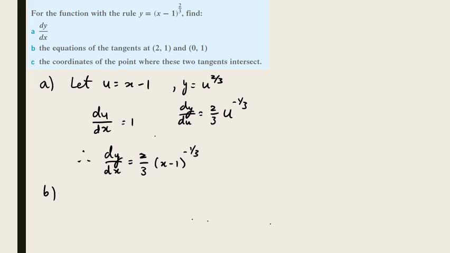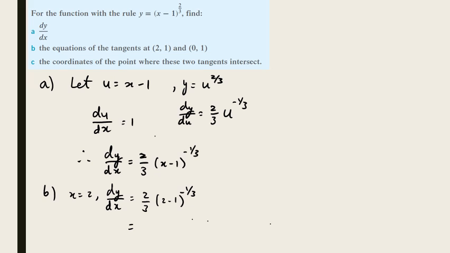B. Equations of the tangents at (2, 1) and (0, 1). So x equals 2, dy/dx is equal to 2/3 times (2 minus 1) to the power negative 1/3.